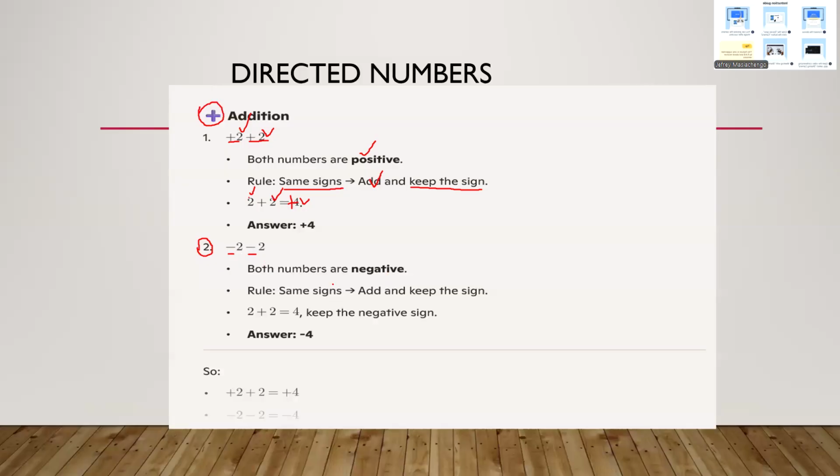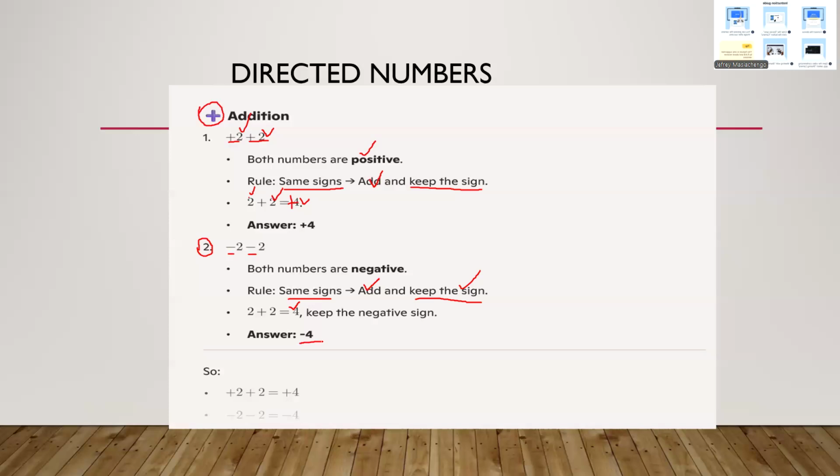The rule is signs are the what? Same. If signs are the same, what do you do? You add the two numbers, ignoring the sign for the moment. Then you say 2 plus 2. You get the answer again as 4, but you're not yet done. You continue with the last step. You keep the sign. So the sign was negative, and you maintain the negative sign like that.